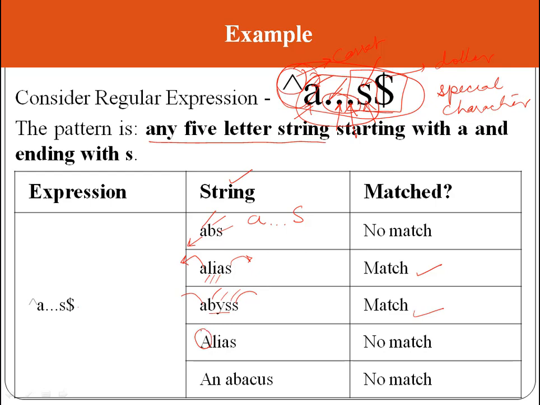Now it is starting with capital A, so this is not a match. It is starting with A, ending with S, but more than three characters are there. And this is not matched. So it means it is also not matched. I hope you are clear how the regular expression is being used for searching the pattern, matching the string.